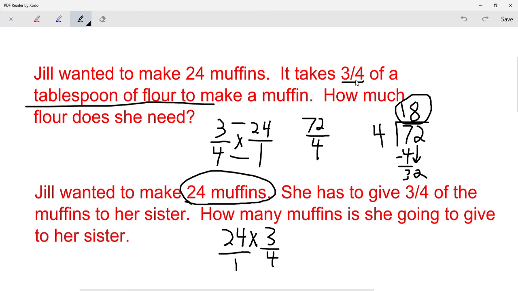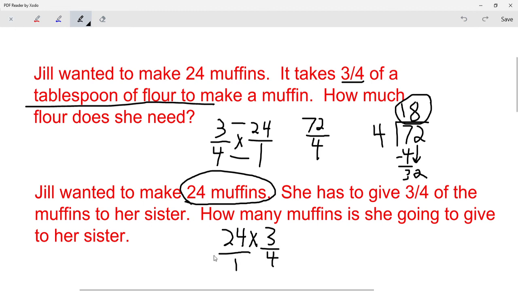The first one is a certain amount of groups of a fraction, like repeated addition, basically. And the second one is figuring out a specific fraction of a whole.